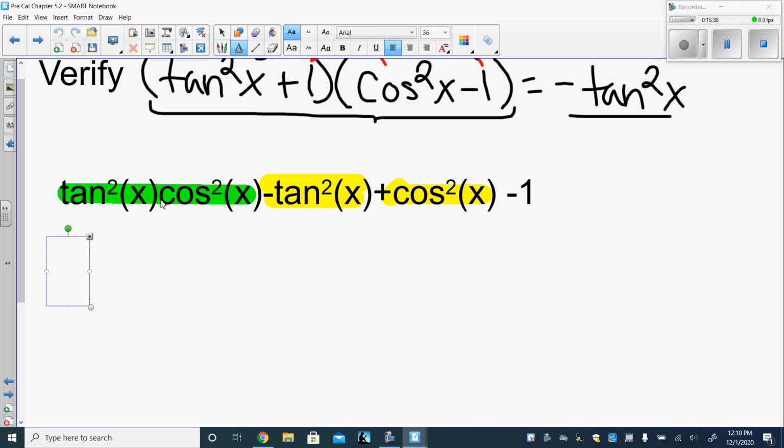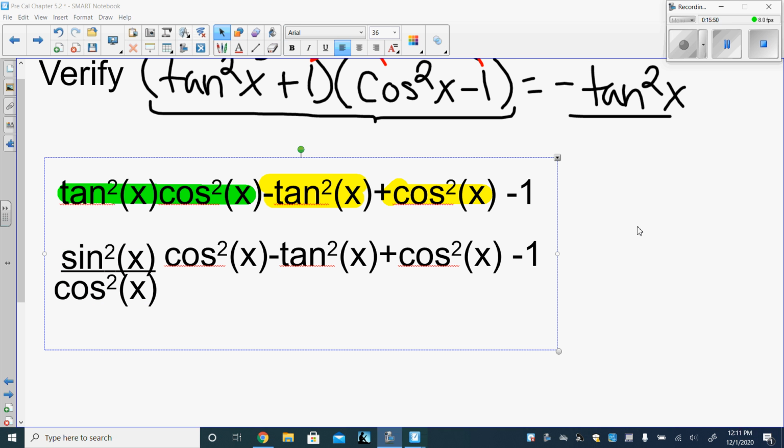Well, hey, tangent squared of x is the same as sine squared of x over cosine squared of x. Okay, so I manipulated this a little bit, but we can replace tangent squared with sine squared of x over cosine squared of x, because tangent is equal to sine over cosine, and tangent squared is equal to sine squared over cosine squared.